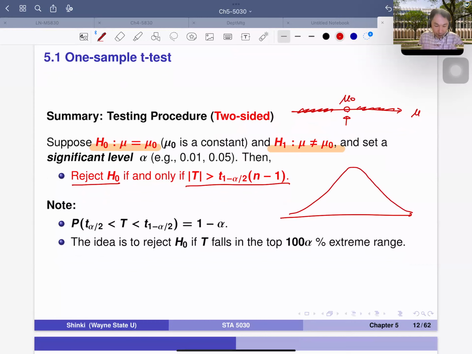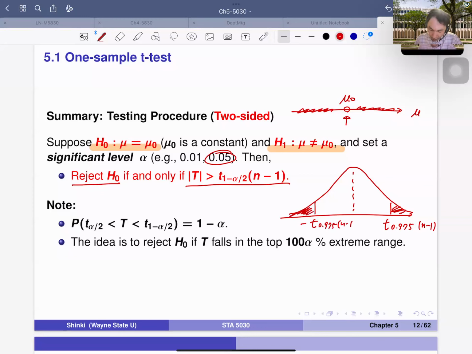Here, alpha is called the significance level, either 1% or 5%. If we take 5%, so basically we take the t sub 0.975 of n minus 1. This is 1 minus alpha over 2, if alpha is 0.05. And this is symmetric, so this is negative t sub 0.975 of n minus 1.